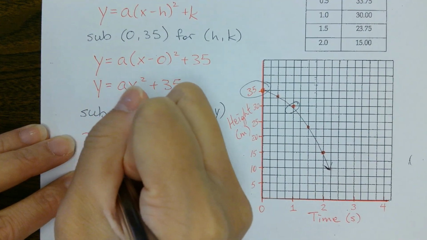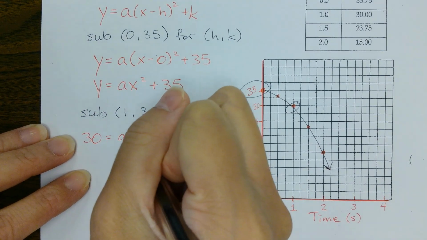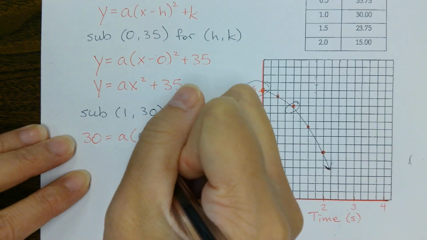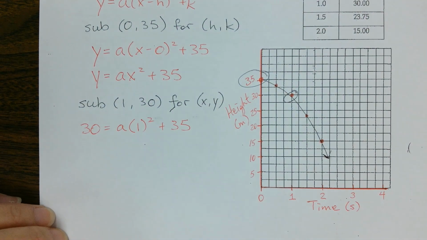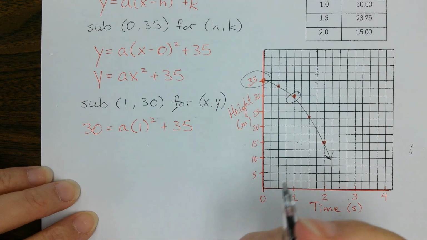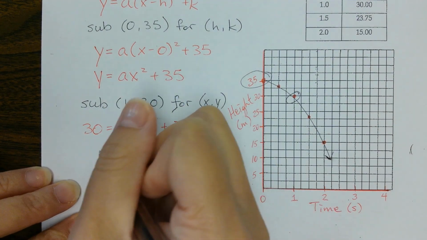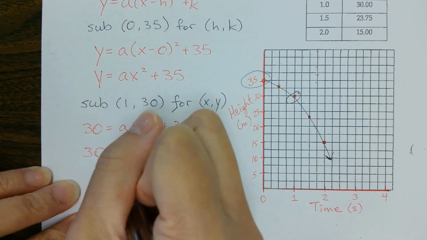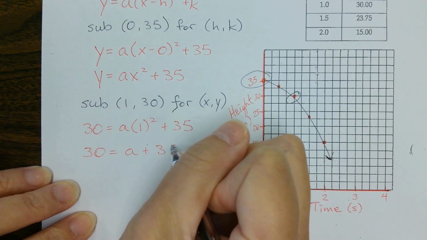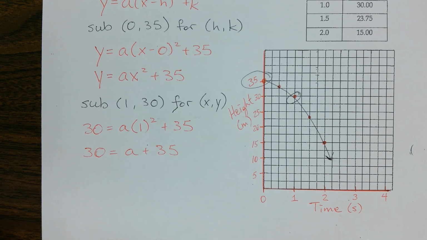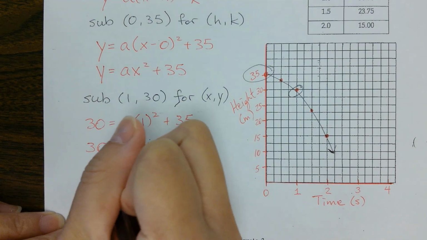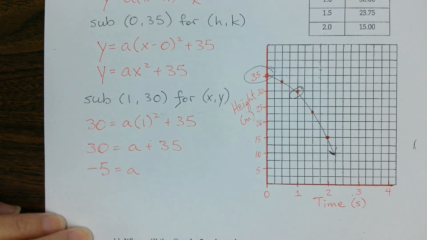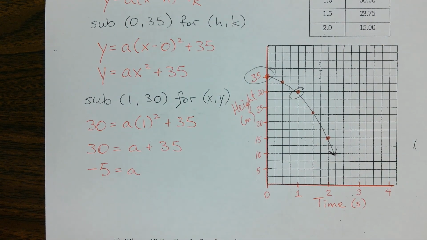So 30 equals a(1) squared plus 35. Okay. 1 squared is just 1. 1 times a is just a. So 30 equals a plus 35. Move the 35 over. By subtracting, I get a is negative 5.